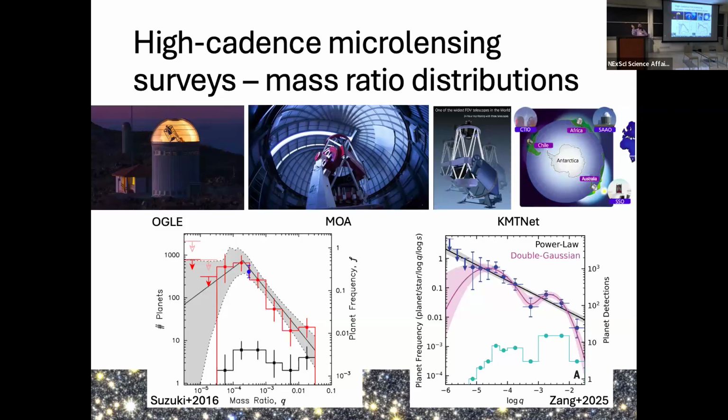And so this network of telescopes allows you to get continuous coverage around the globe to catch these planetary features that last from hours to a day. And so you can't just observe them from one place, you have to observe through the night from multiple locations to fully characterize those features.